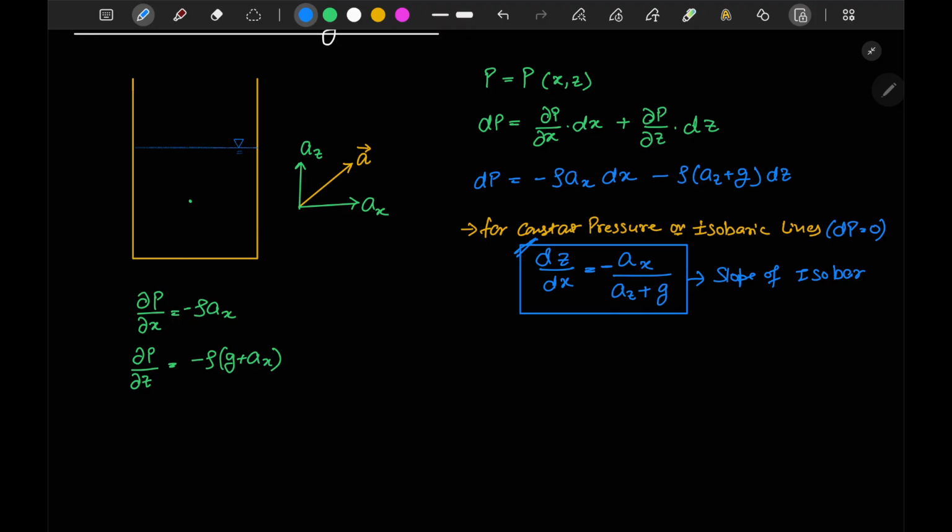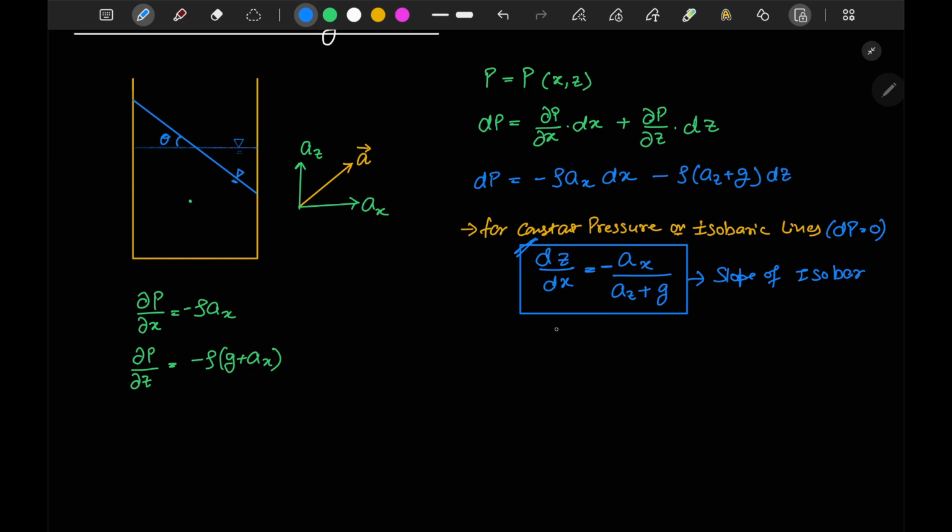So the slope of the free surface would be something like this. This will become your new free surface, and this angle will be theta.